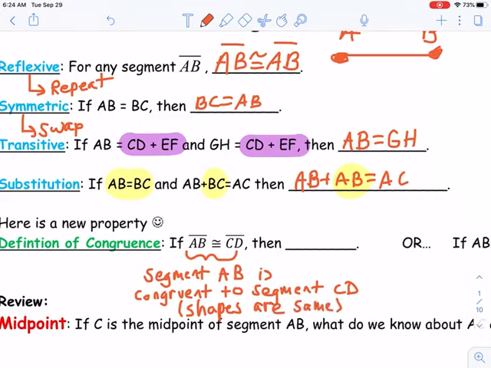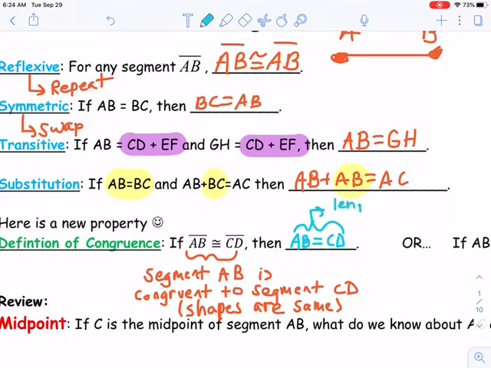If they're the same, then they have equal measures. AB equals CD. And this reads as measure, like with angles where we write the little m. Or let me say length.